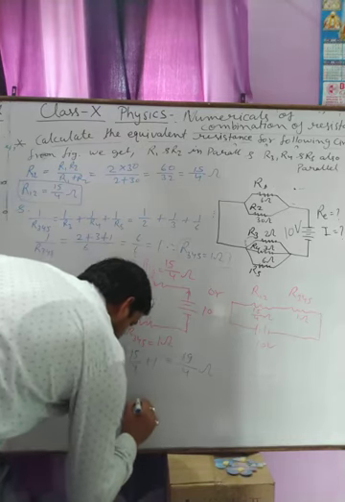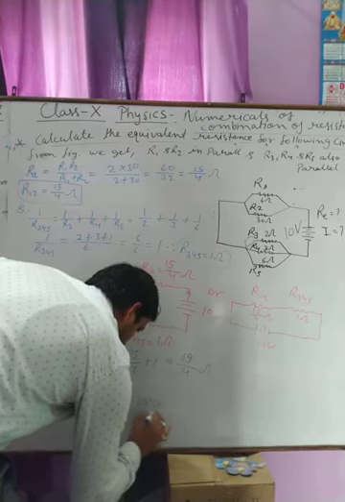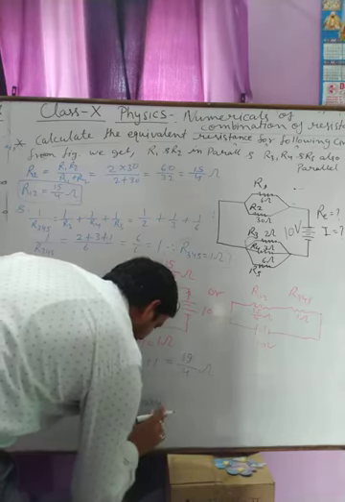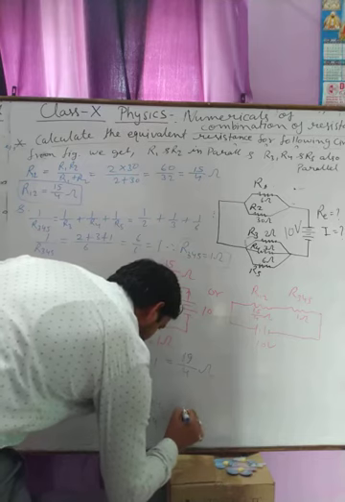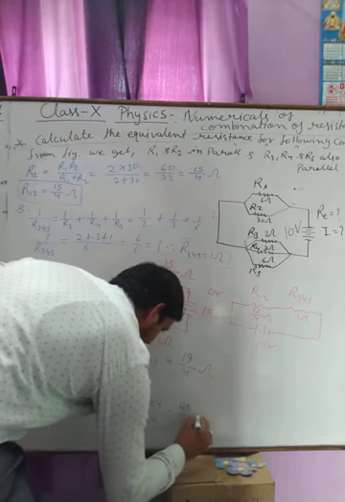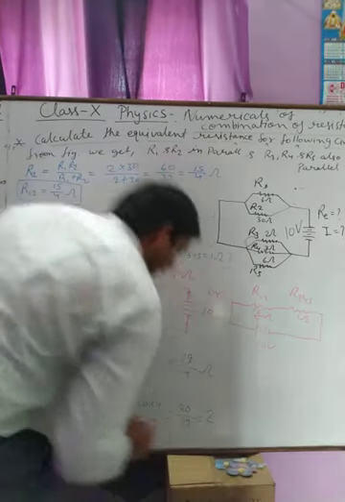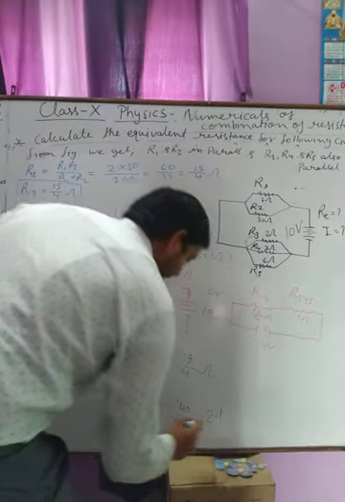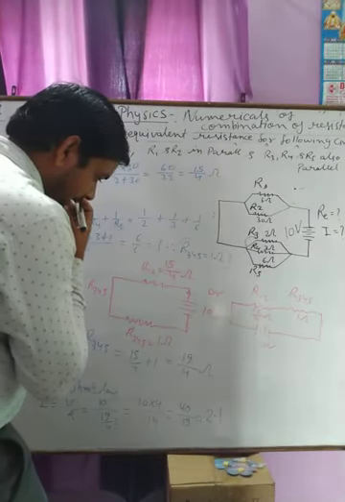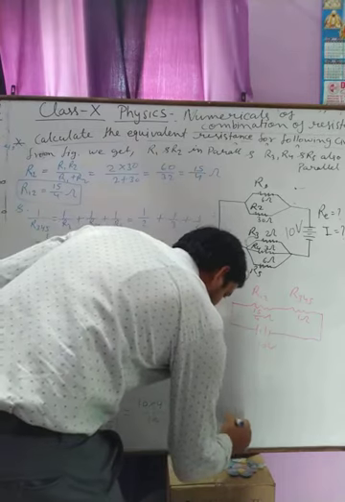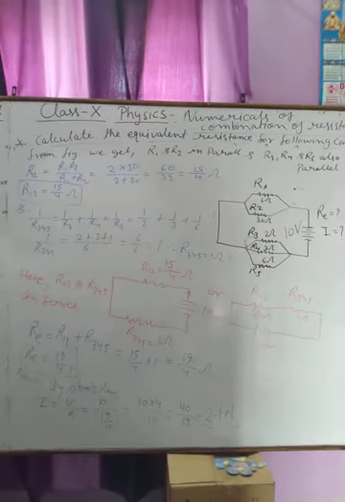This will become 10 into 4 by 19, that is 40 by 19, and it is 2.1 ampere approximately. So student, copy this.